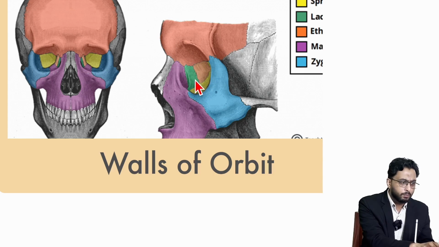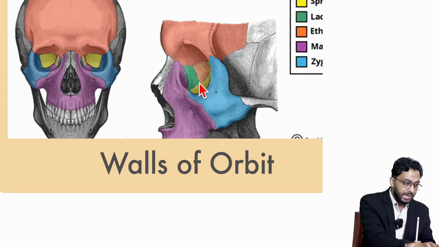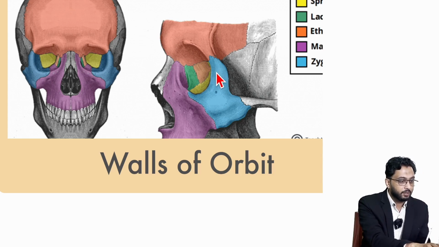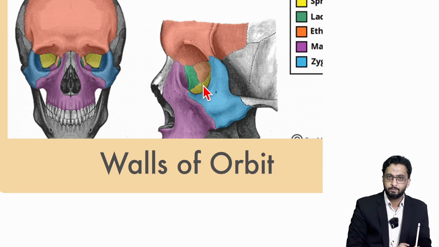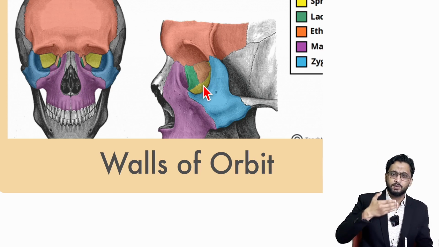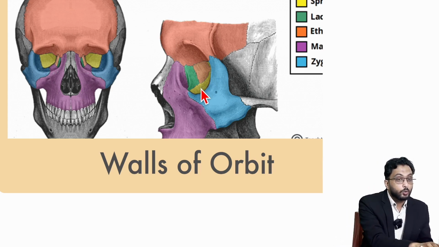A little bit of lacrimal bone, but the ethmoid is strong enough. Your sphenoid is also strong enough inside. Though the lamina papyracea is very thin, you've got stronger bone inside, which is part of the ethmoid. More importantly, your sphenoid bone is strong enough. So though it is the weakest wall, it has good support. Weakest in the sense, I would say, thinnest wall. So it has good support inside.